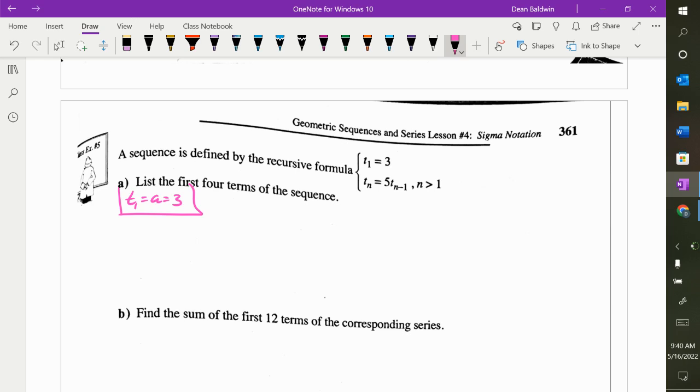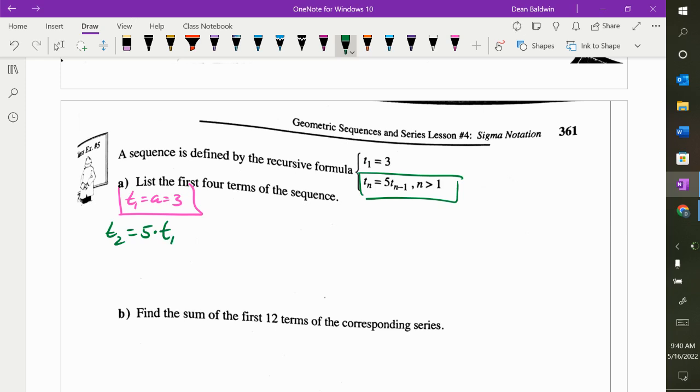Okay. T2. So you put n is equal to 2 into this formula. Because only the very first term is defined for you. Everything else is defined off of that. So if I put 2 in there, I get 5 times T2 minus 1, which is T1.